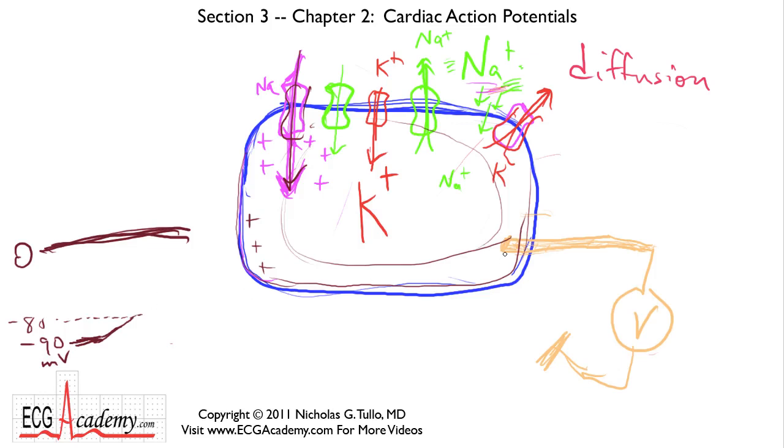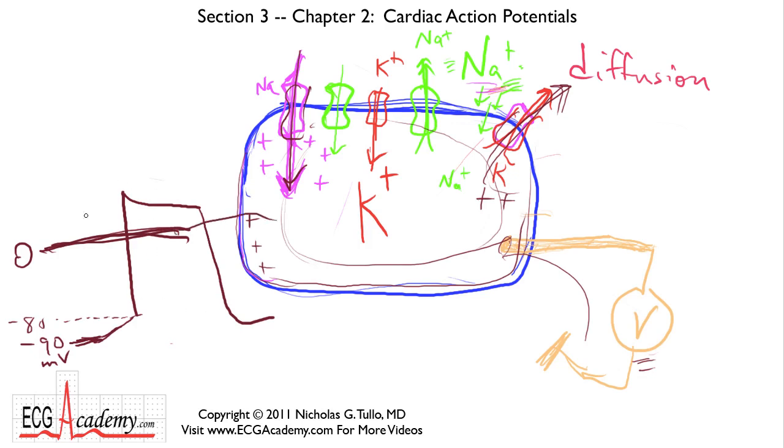So this membrane gradient, this voltage across the membrane that we're measuring with the voltmeter, suddenly becomes positive. It goes up above 0, and it stays there for a split second until finally the potassium gates open up, and potassium rushes out of the cell, bringing all these positive ions out and restoring the normal resting gradient of about minus 90 millivolts.